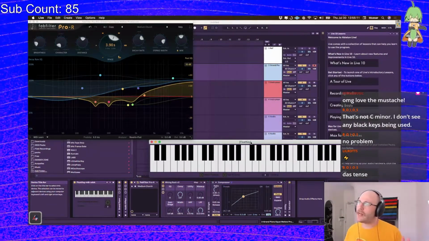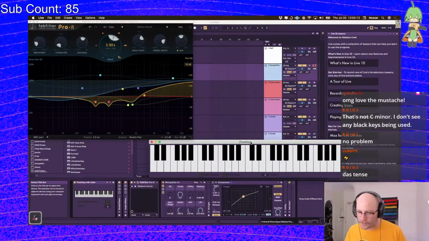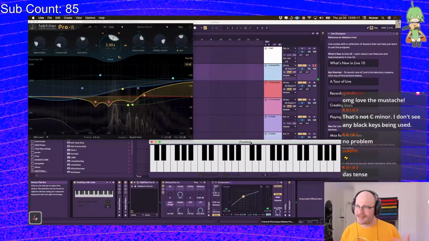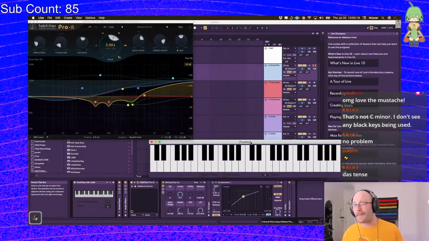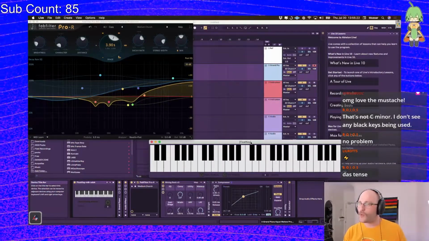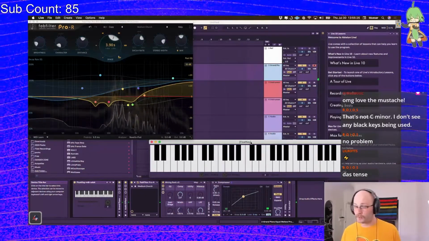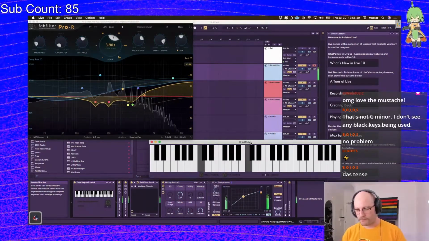So now we have these two things we want to avoid. We want to avoid this relationship of a second, especially a minor second. We also want to avoid this relationship of a tritone. So let's see what we can do.